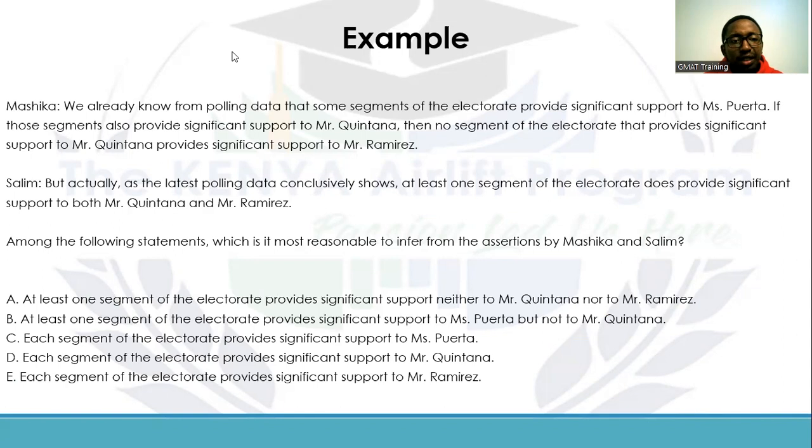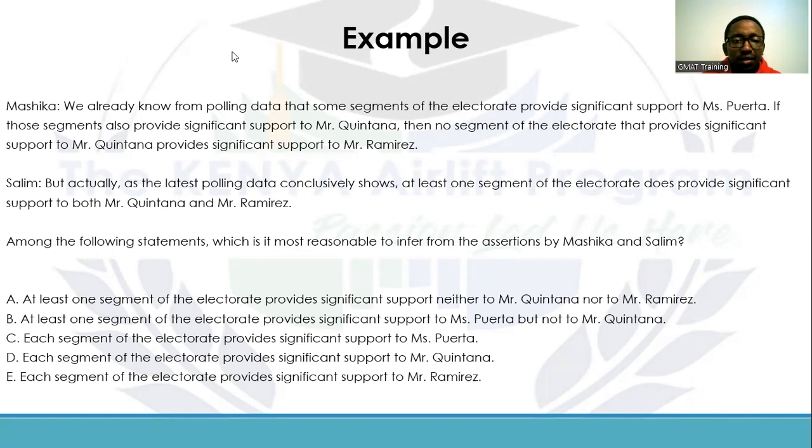Salim says, but actually, as the latest polling data conclusively shows, at least one segment of the electorate does provide significant support to both Mr. Quintana and Mr. Ramirez. So among the following statements, which is it most reasonable to infer from the assertions by Mashika and Salim?